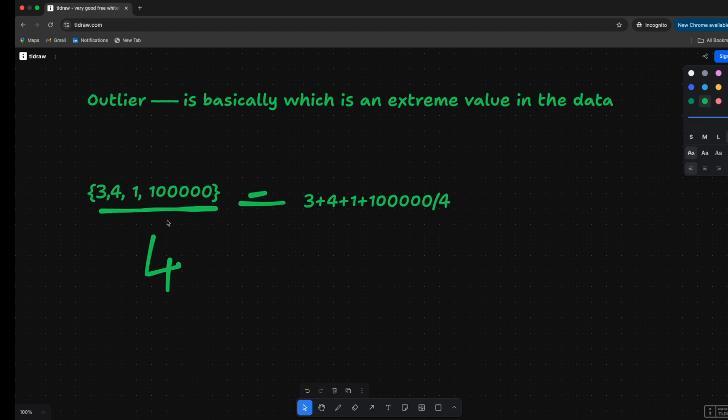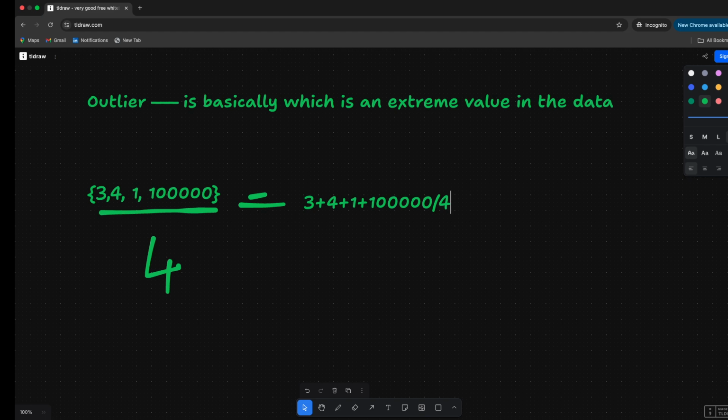So now what is going to happen to the mean? Let's see. Now this is my outlier, right? This is a very high value when you compare it to all of these. So what this will do is try to pull the mean towards itself.